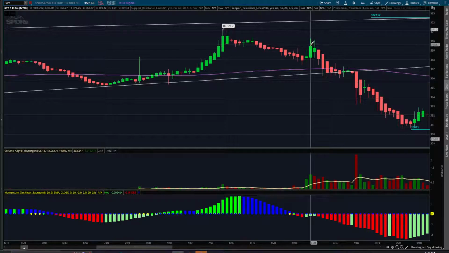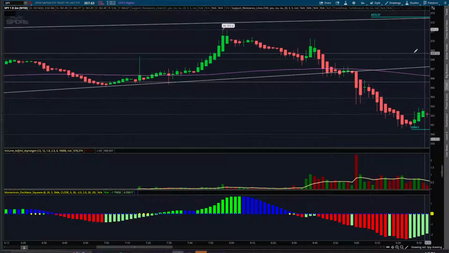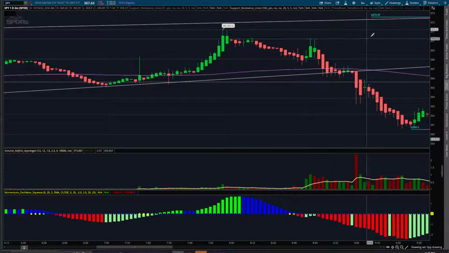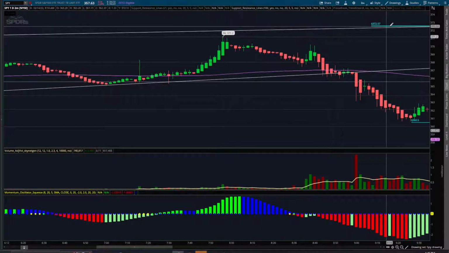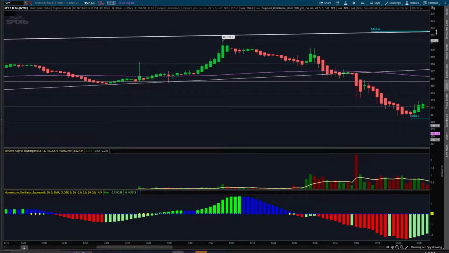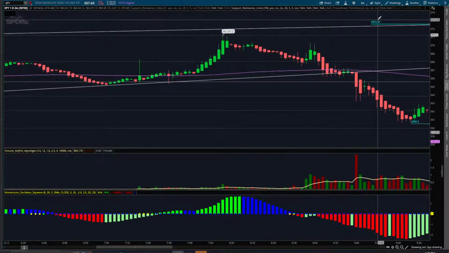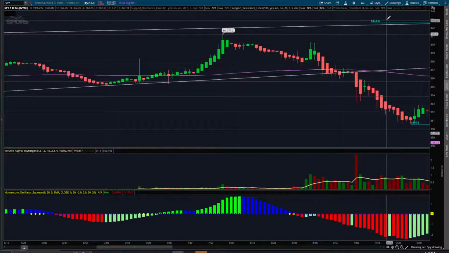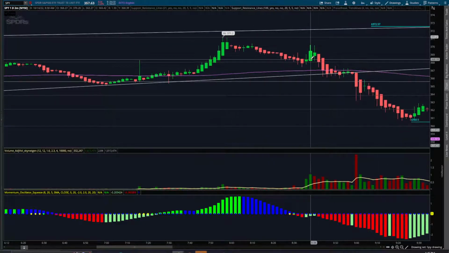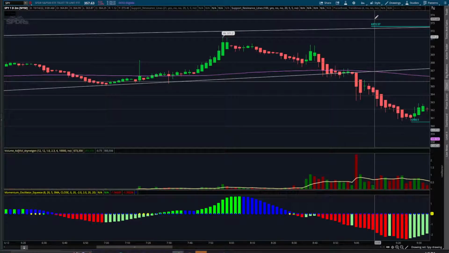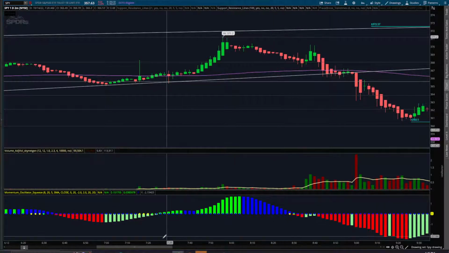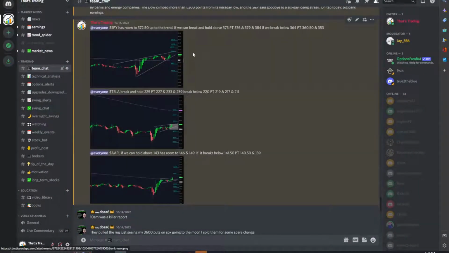This is 838. Again, the target was 373. If we got above 373, then we enter. Of course, we had to close with a flat bottom. We never got there. Okay. And then the entry was if we break below 364.